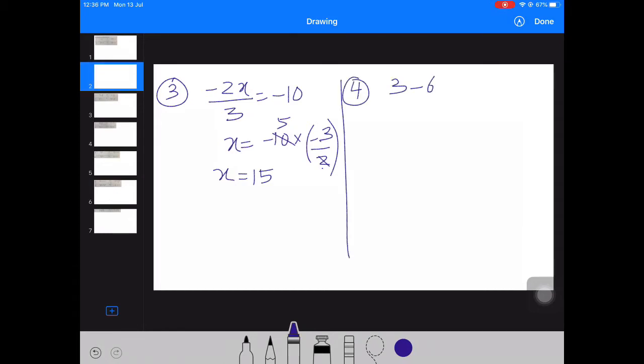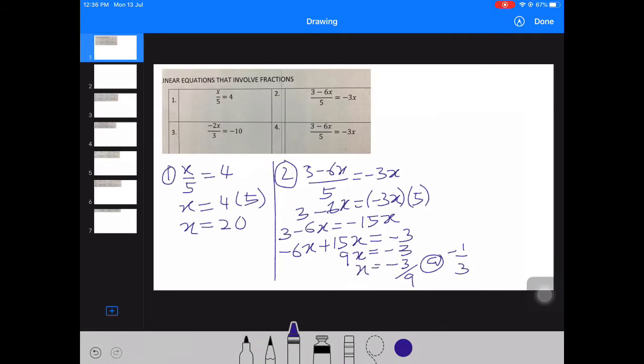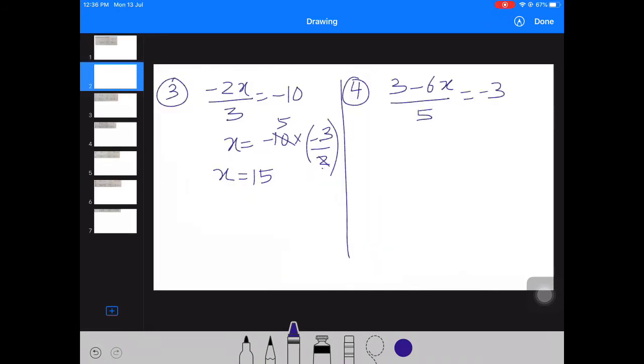3 minus 6x over 5 equals negative 3x. Okay, now we have x on both sides, but before you can group them, you cannot group them yet, you have to bring this 5 to the right.